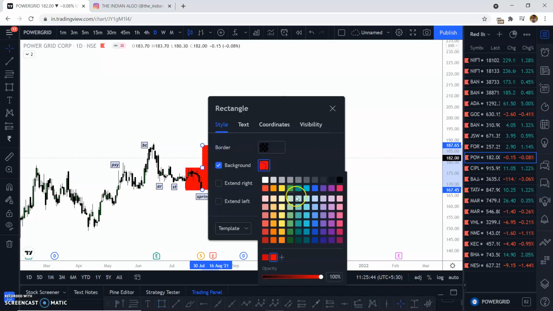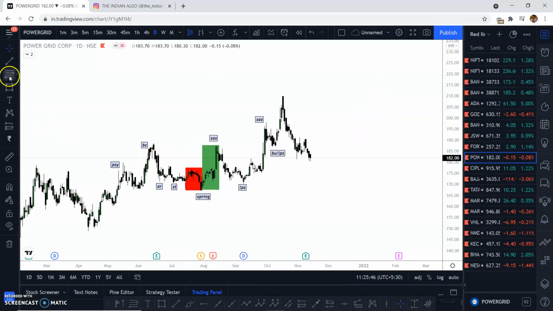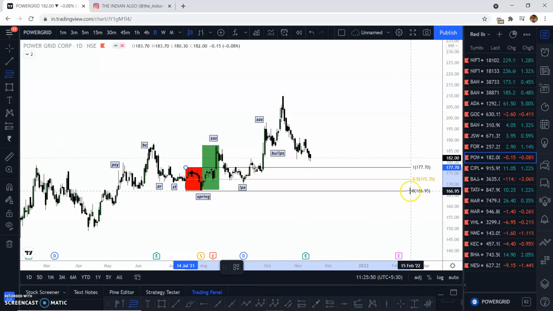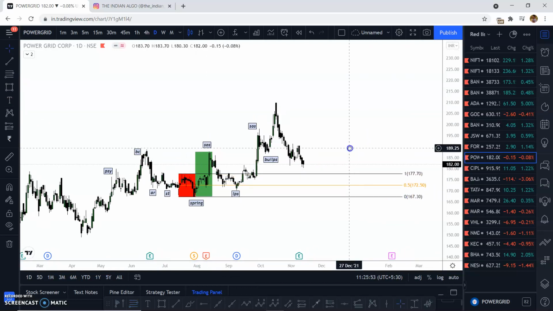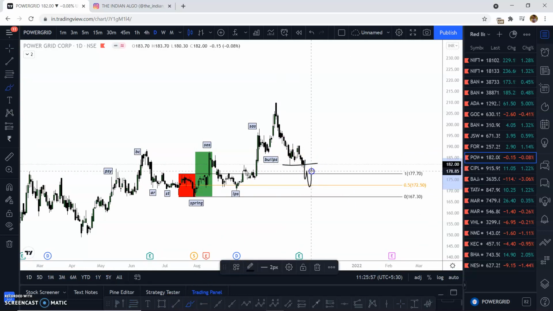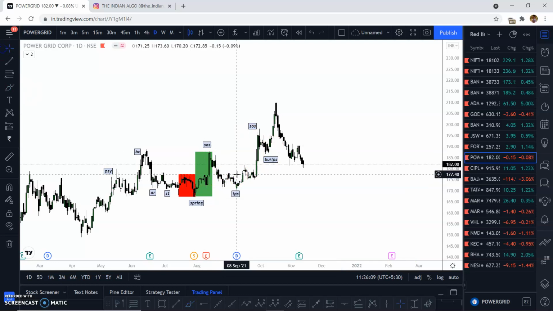So this now becomes my bullish order block. And if I draw the 50% around this area, I need the prices to come down right here and mitigate. The prices should mitigate, break above, and I can see huge momentum coming in. But this is what some SMC trader would do.